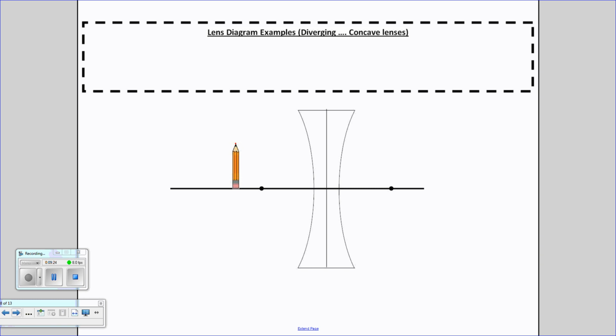Line 1, in parallel. Now, out through focus. We cannot do that. No, that cannot happen. Why? Because diverging lenses make the light diverge away. So you know it's going to bend away from the axis. But how? At what angle? It's important.